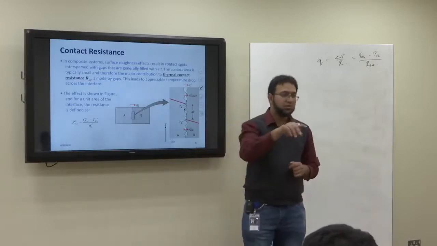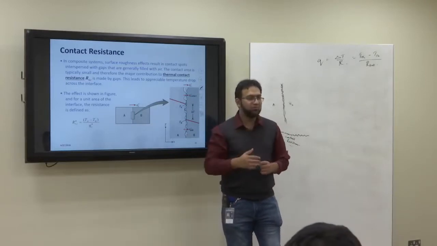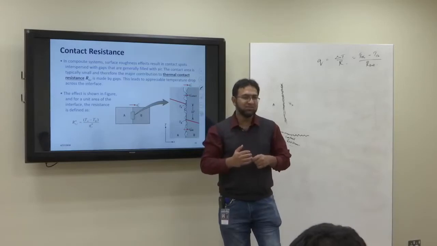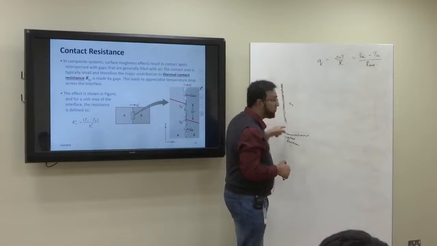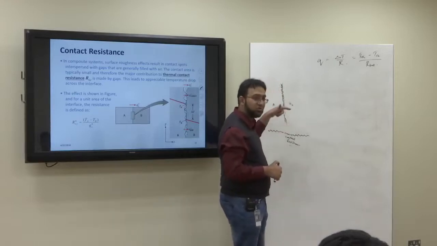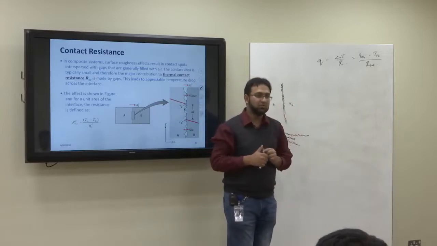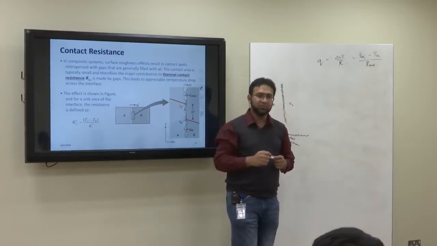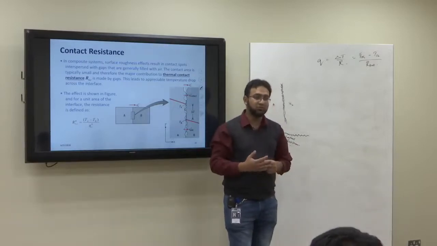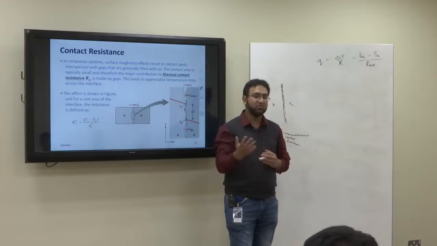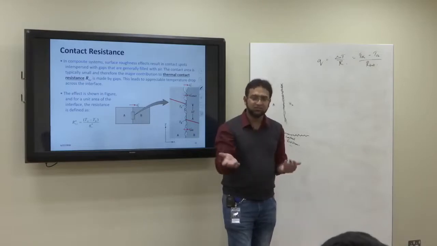There is a table in your book, table 3.2, also added in the book of formulas, which lists what kind of filler material you are using, for example an epoxy, and what the resistance of that material is. So the resistance is directly provided. In case you are required to use it, you might have to use it, depending upon the question. It is much better than air, but still it has some resistance.